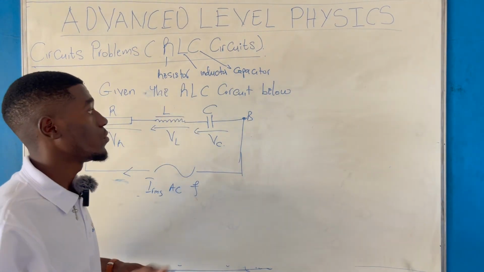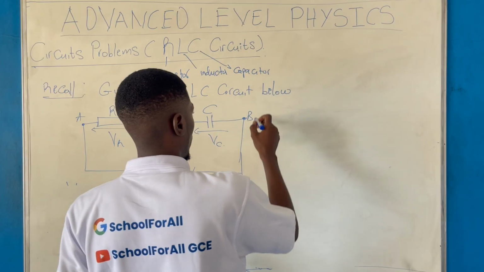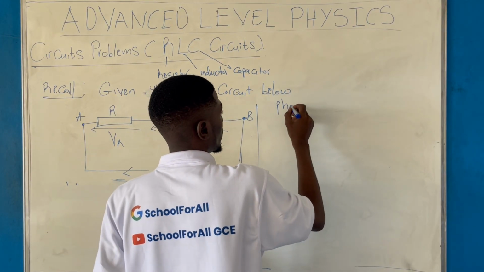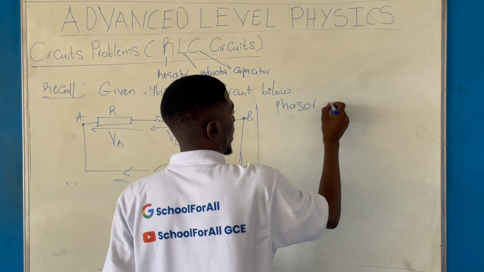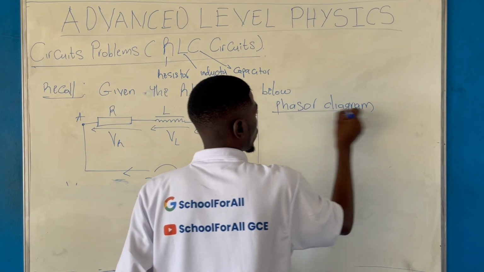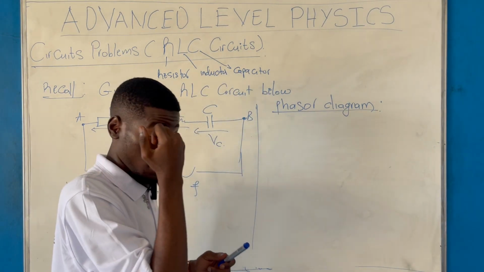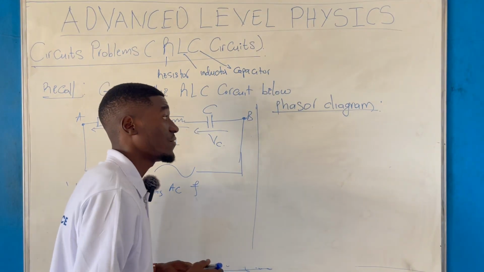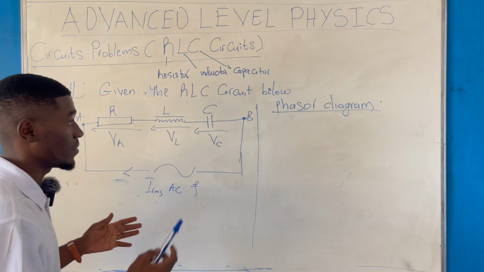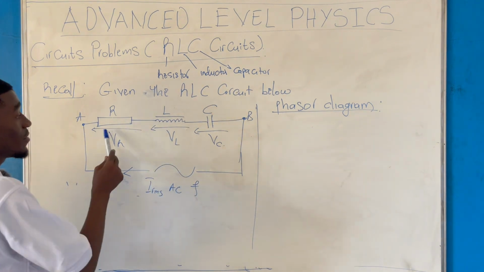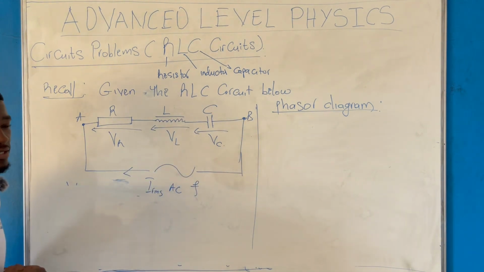Okay, so let's talk about the phasor diagram. The phasor diagram is the diagram that represents the different phases existing between the current flowing in the circuit and the different voltages.